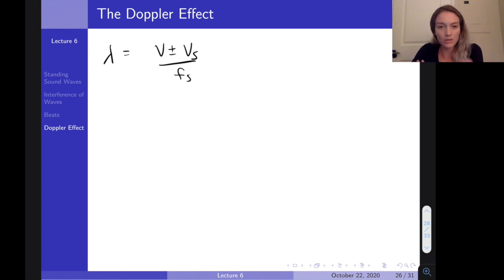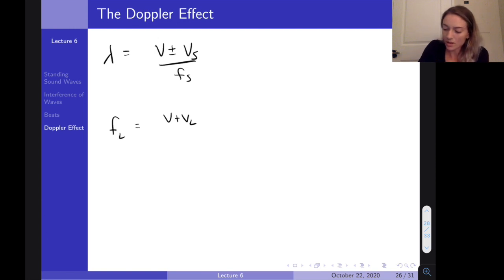So now I can do the exact same thing that I did in the previous examples for the Doppler shift. I can just write that the frequency the listener hears is V plus VL, as we had before, over the wavelength that the listener observes now. That's going to be this, depending on how they're moving relative to each other. We're going to see examples of this in a second. So I'm just going to replace the lambda down here with this.